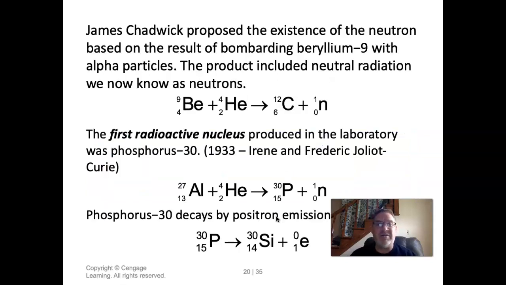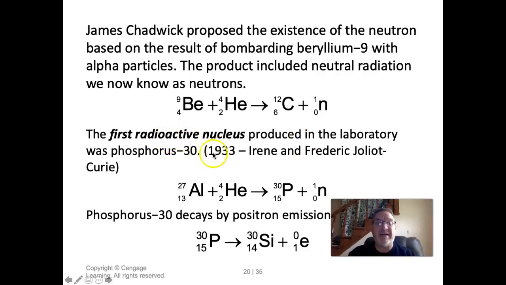Likewise, Chadwick, who is credited with the discovery of the neutron, here's the equation, the reaction he used to discover the neutron in the nucleus of the atom. Technetium that we saw at the beginning, that's the first radioactive element that was formed artificially.